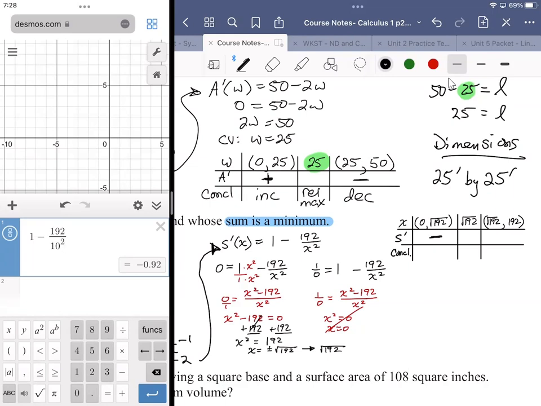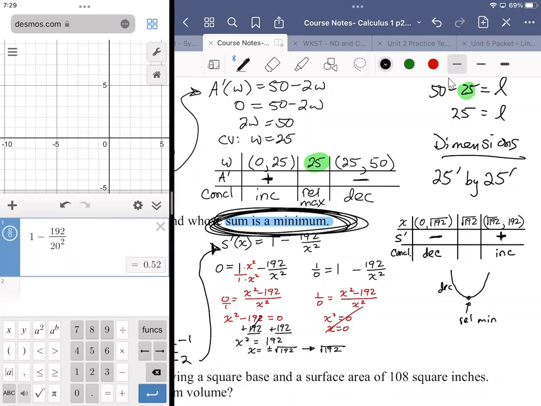So as long as you go beyond that, like 20, for example, you'll be okay. What we just need to show is that it's going from decreasing to increasing. And the reason we need to show that is because it's saying the sum has to be a minimum. A relative minimum happens over an interval that's decreasing followed by increasing.